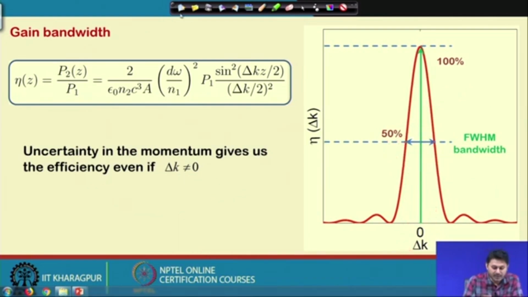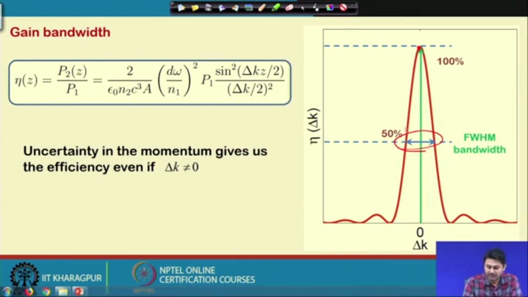So, what is the full width half maxima? We have a bell shaped curve, and if this is the maxima, then half of the maxima is around this point. Now, we try to find out what is the width at that particular point. That is why it is called full width at half maxima.